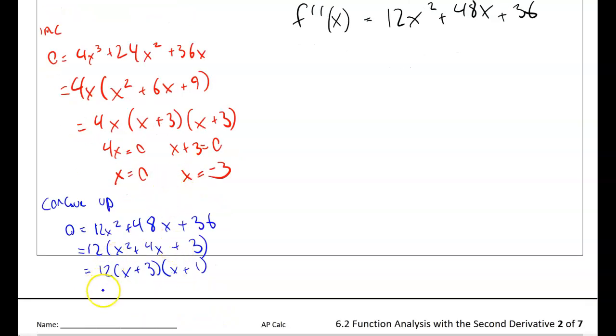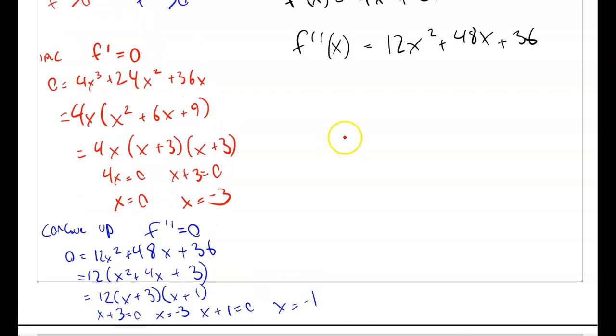My two zeros are the solutions to x plus 3 equals 0 and x plus 1 equals 0, and that gives me x equals -3 and x equals -1. So my strategy is still the same as our previous work. Here I'm setting f prime of x equal to 0, and for my increasing intervals I'm finding the zeros of f prime.